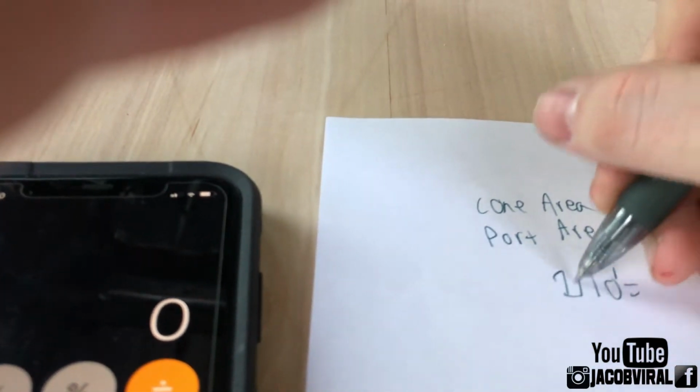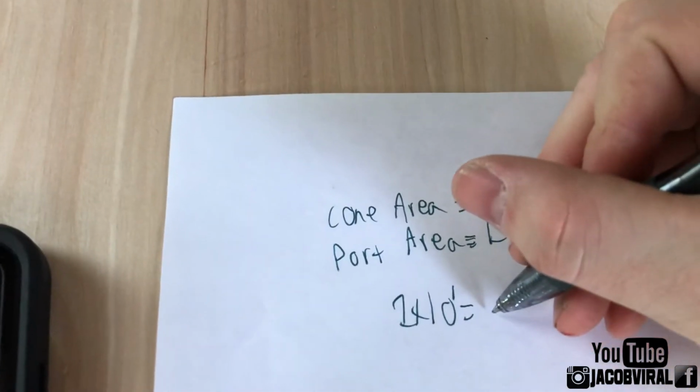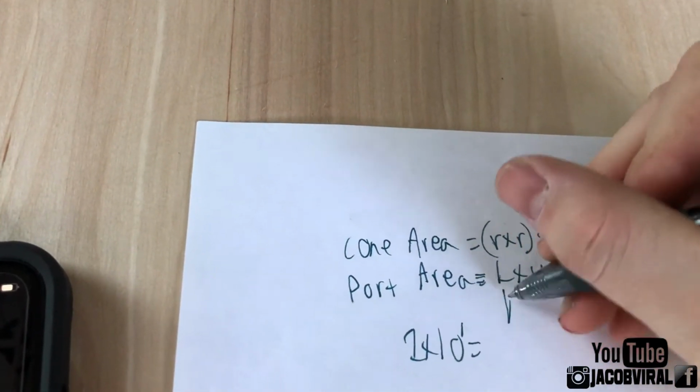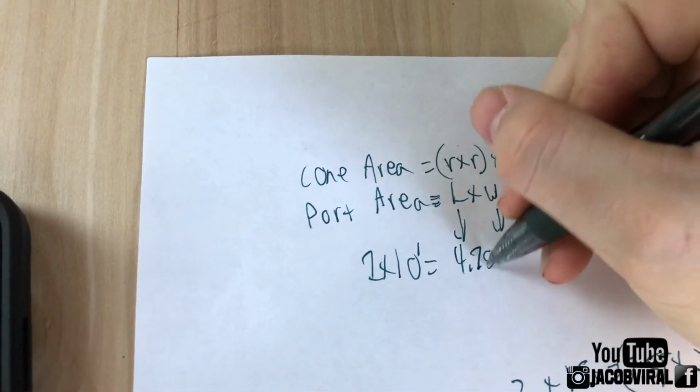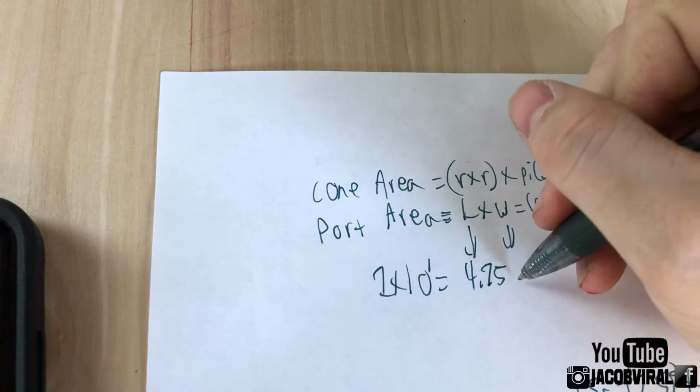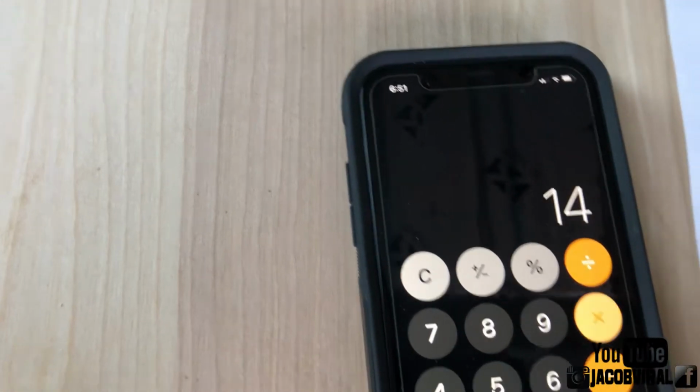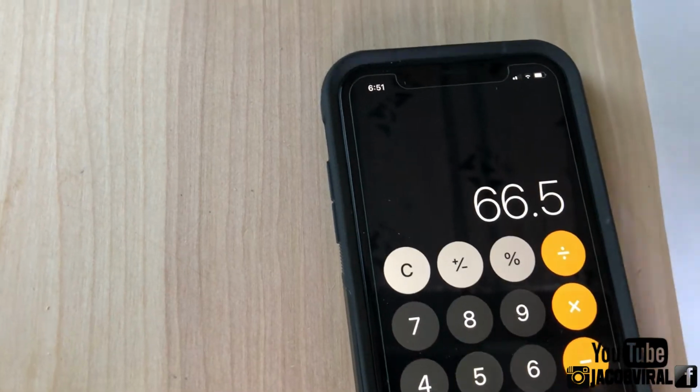So for my build for the 10, my port area was length times width. So my length was 4.75 times my height, which was 14. So 14 times 4.75, which is, was I right?